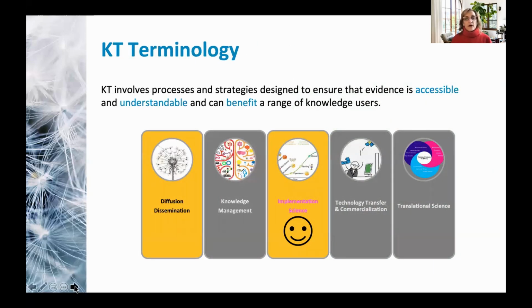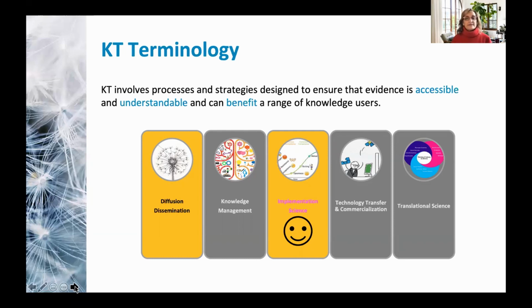If you unpack the term knowledge translation, which we're very fond of in Canada versus elsewhere in the world, it really is dissemination and implementation, two sides of the coin. The two columns here highlighted in a goldy yellow are about making information accessible and understandable so that we can benefit a range of people.